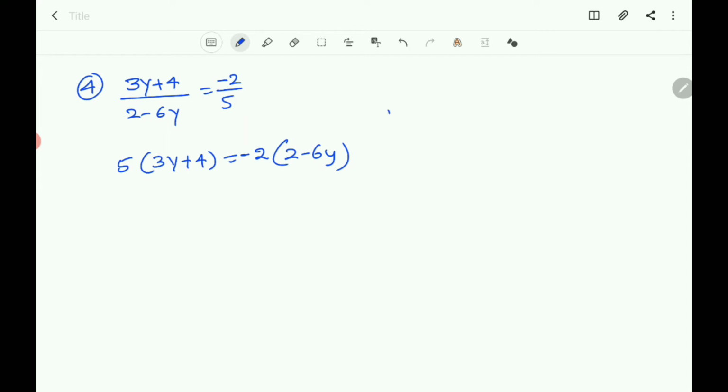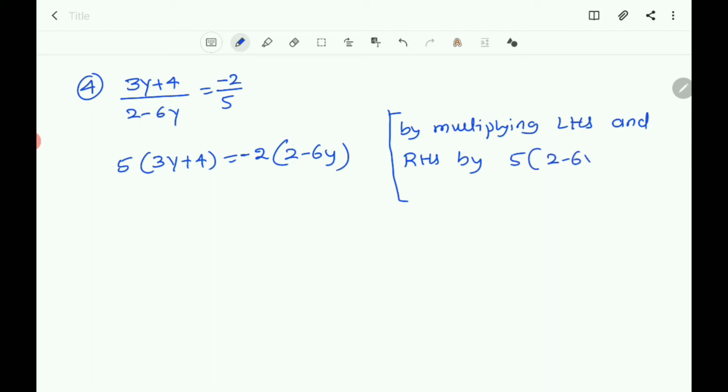In other words, you can say that it is a cross multiplication, or by multiplying LHS and RHS by 5 into 2 minus 6y.